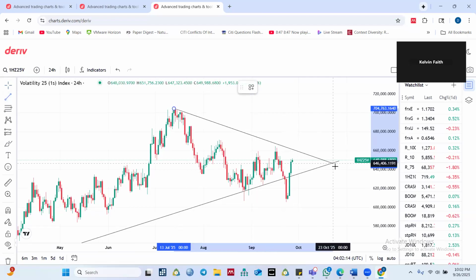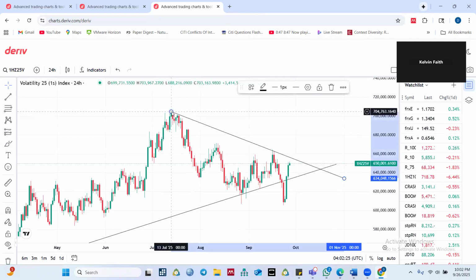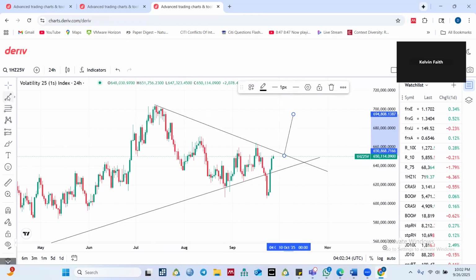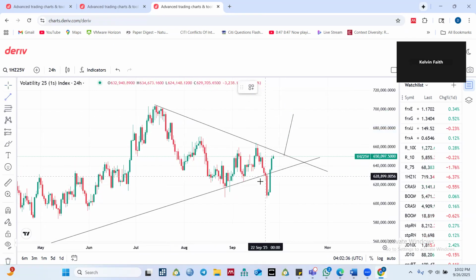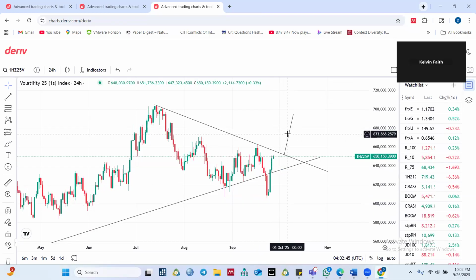And I can see this counter trend line here, which we should be looking out for. If we break above it, that is going to signal more buys. If we come below it again, then we're going to drop. So these are the initial ideas.